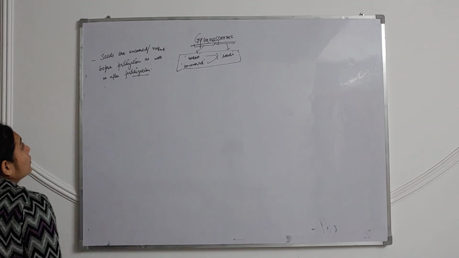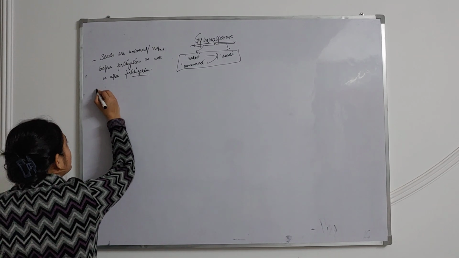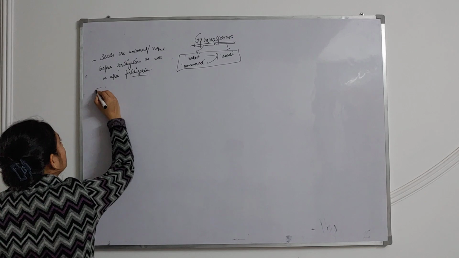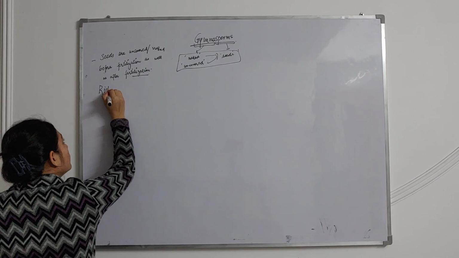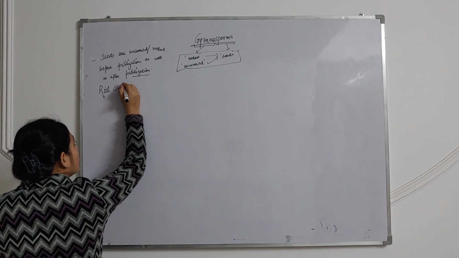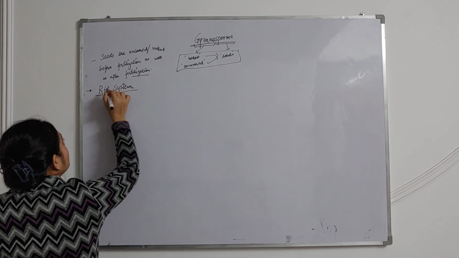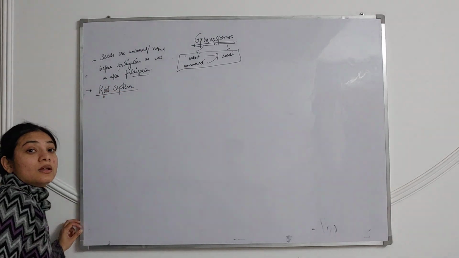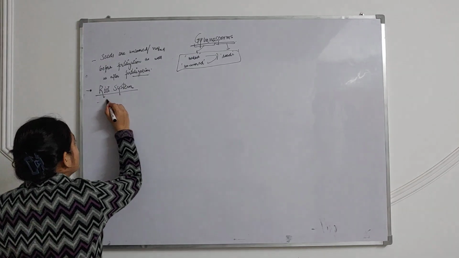So now, what type of root system is seen in gymnosperms? Generally, in gymnosperms, a tap root system is seen.